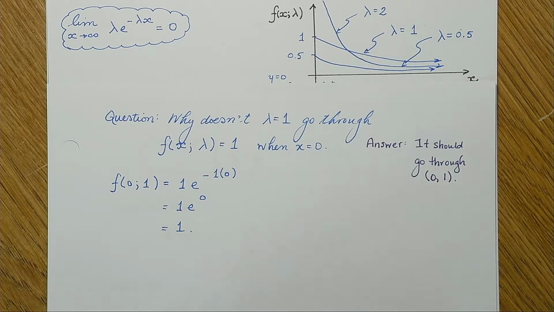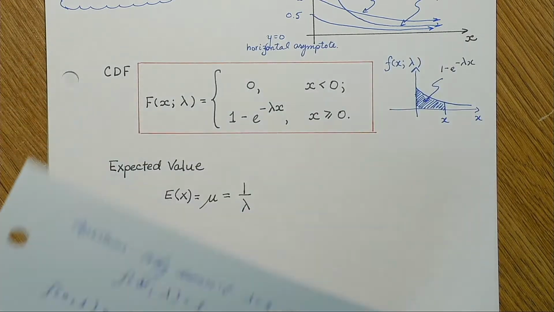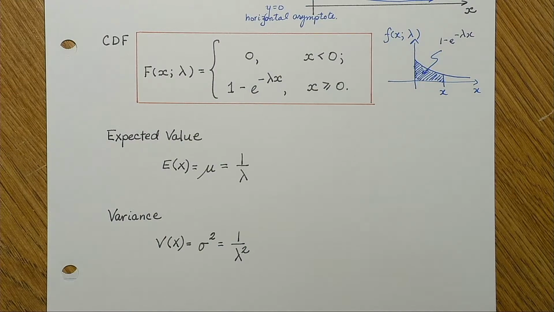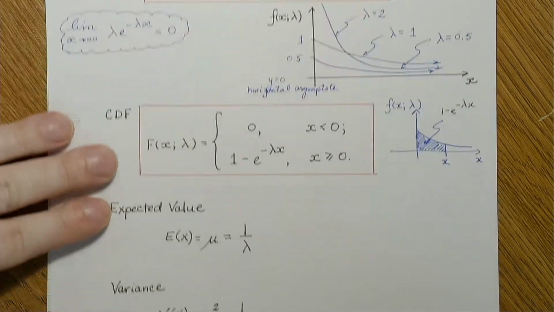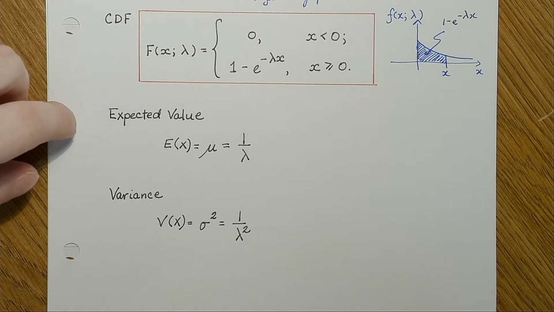Okay. So the other two things that we have for characteristics of the exponential distribution, besides the PDF and the CDF, are the expected value and the variance.